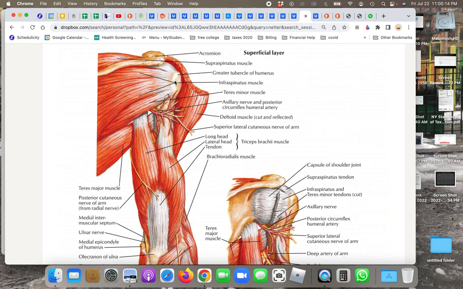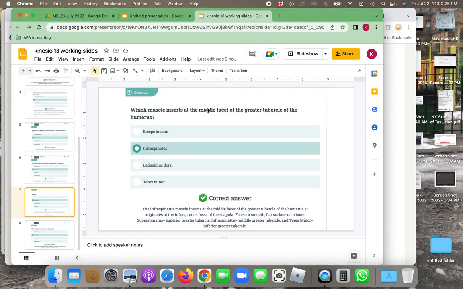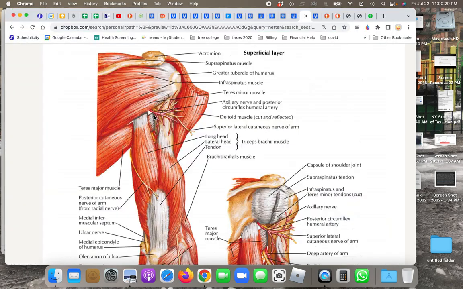Supraspinatus, infraspinatus, teres minor. Superior facet, middle facet, inferior facet. So that takes care of the facet portion of the greater tubercle of the humerus.